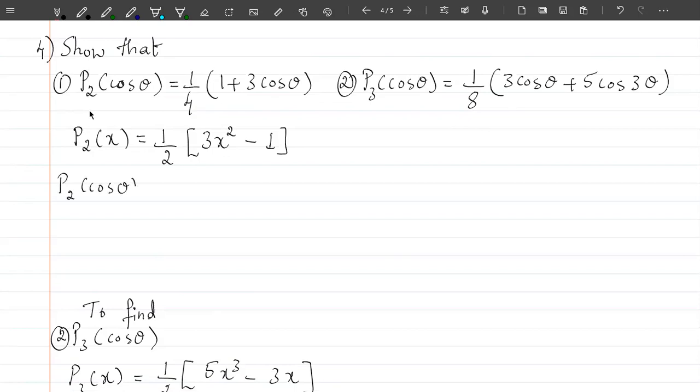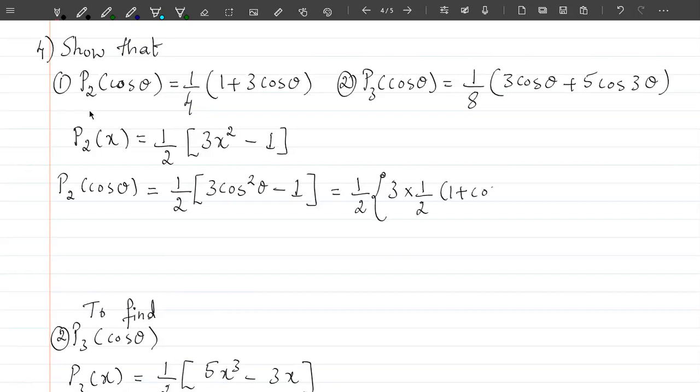So, if you replace x by cos theta here, you should get P2 of cos theta as 1 by 2 into 3 cos square theta minus 1. So, that's equal to 1 by 2 into 3 into cos square theta is 1 by 2 into 1 plus cos 2 theta, and here you get minus 1.